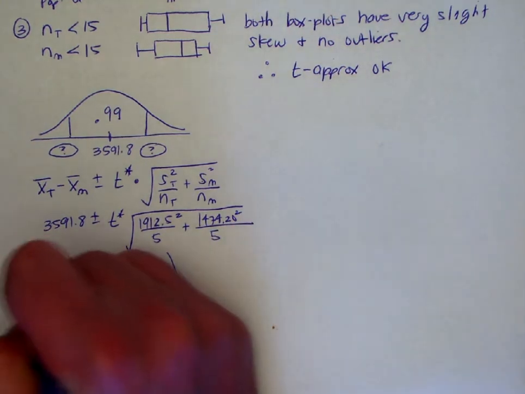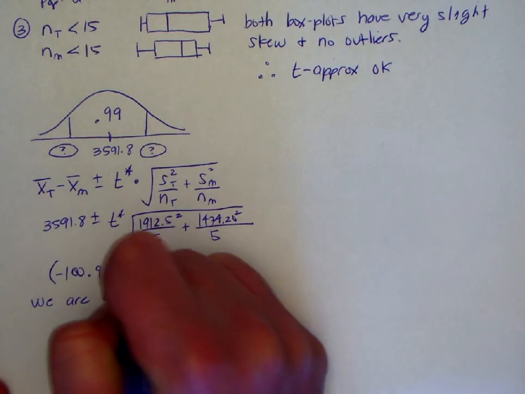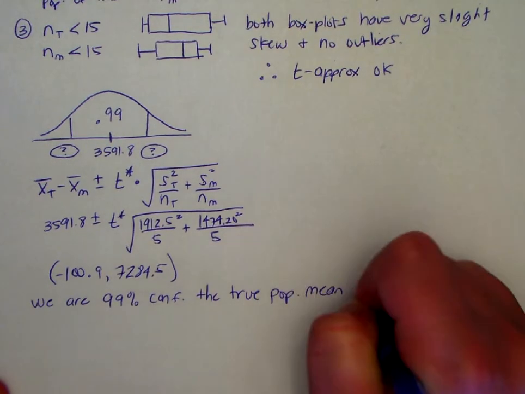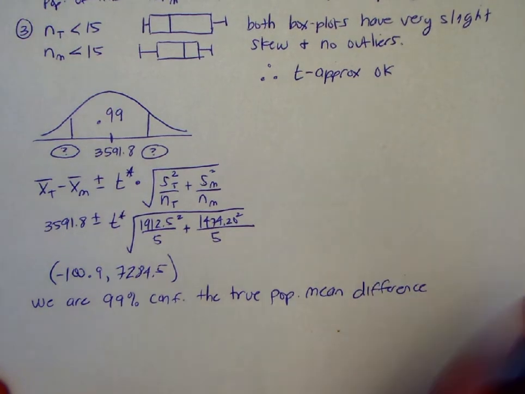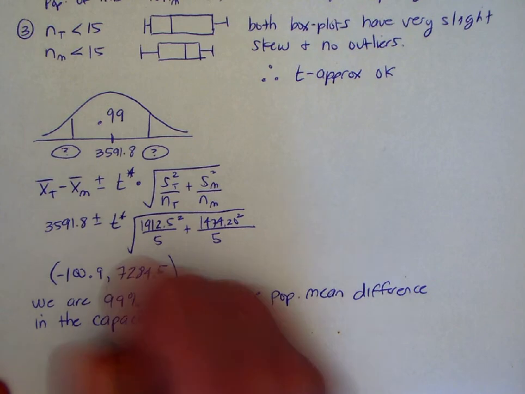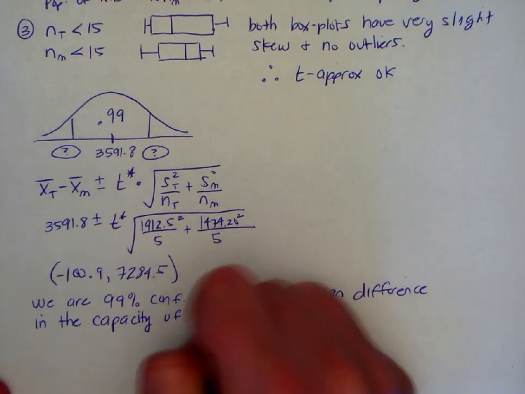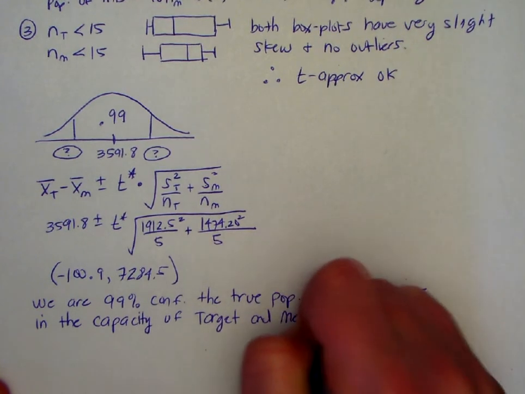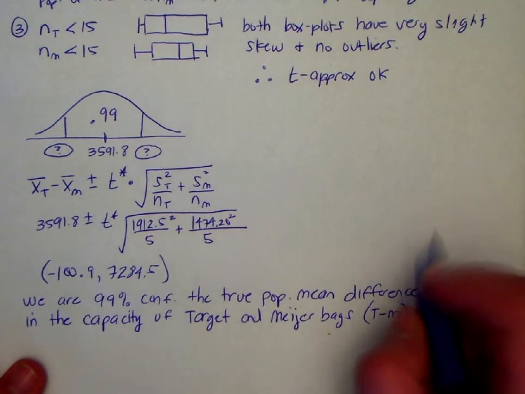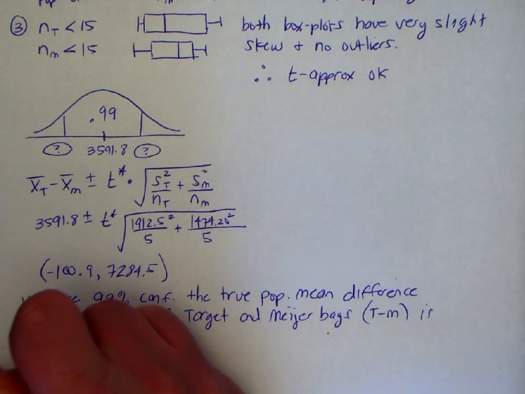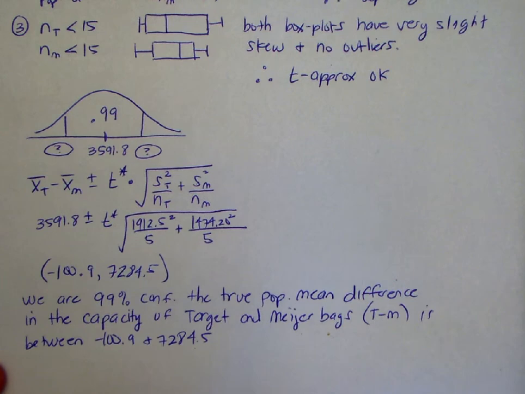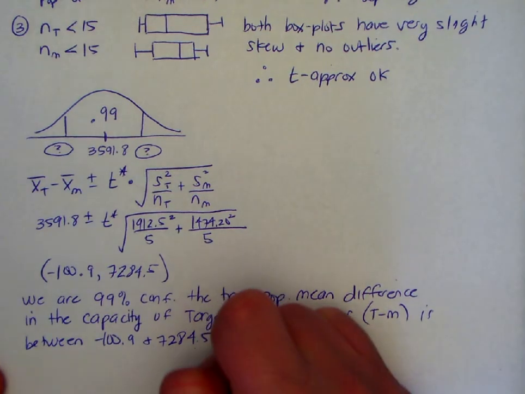We are 99% confident the true population mean difference in the capacity of Target and Meyer bags, and you can just show them how you subtracted, is between negative 100.9 and 7284.5 grams. Means will have units on them.